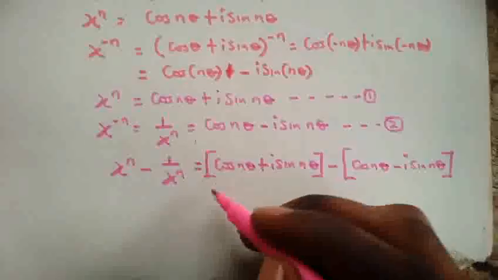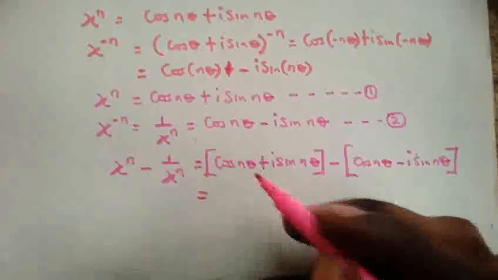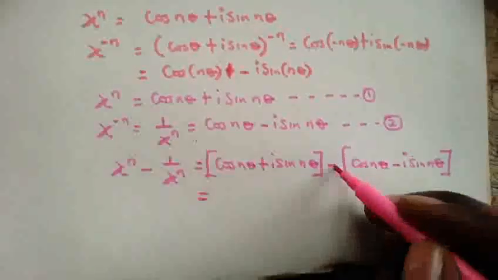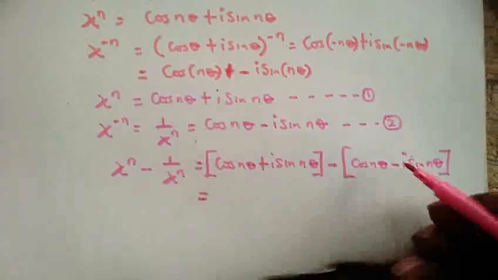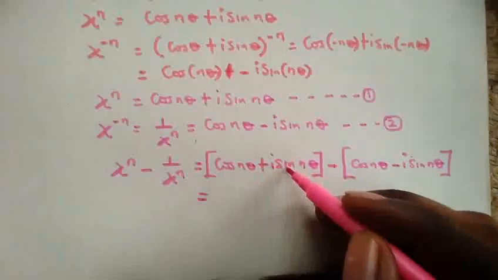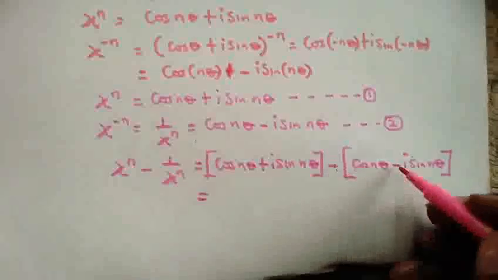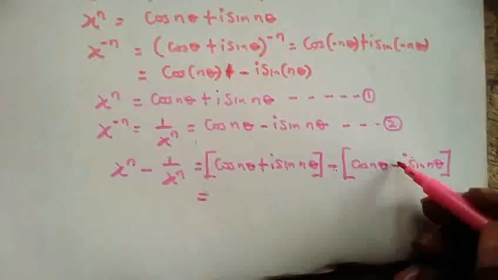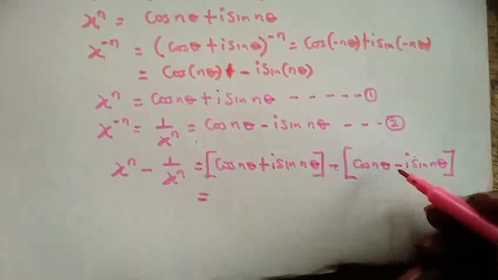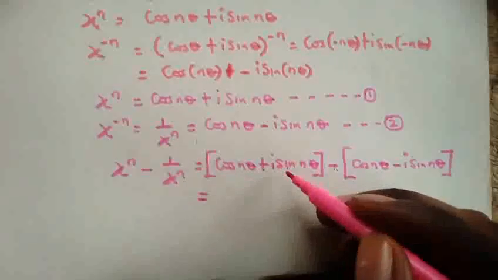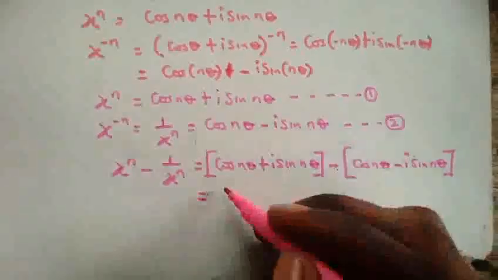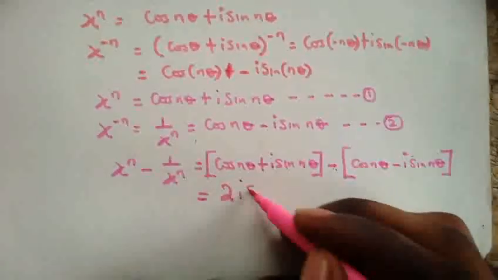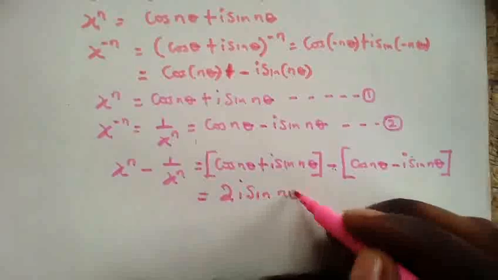Now simplifying this, cos n theta minus cos n theta is 0. Now we have i sine n theta minus, here we're having a negative sign to open up this bracket, so this sign is going to change to a positive sign, so we have i sine n theta plus i sine n theta, and that is equal to 2i sine n theta.